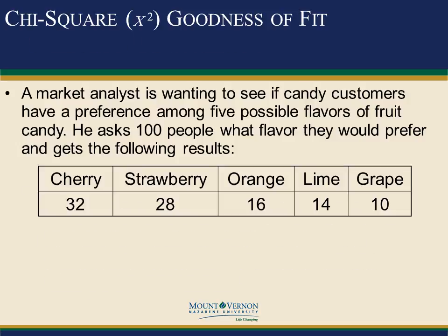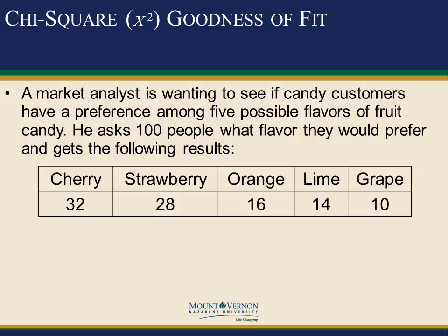The goodness of fit test allows us to compare data from a survey or an experiment with some expected percentages. In this example, we have a market analyst wanting to see if candy customers have a particular preference among 5 possible flavors.